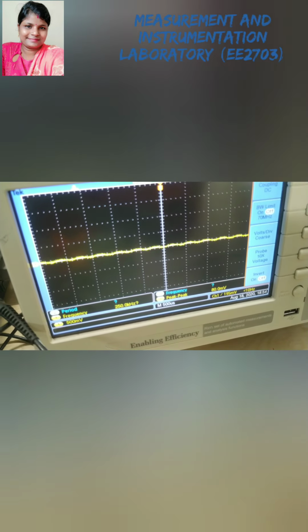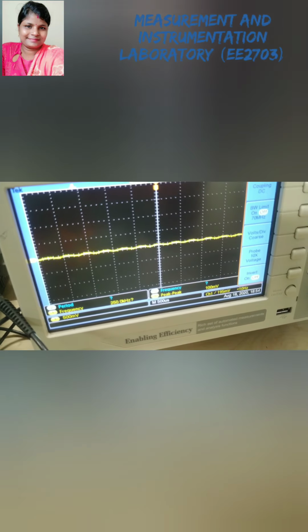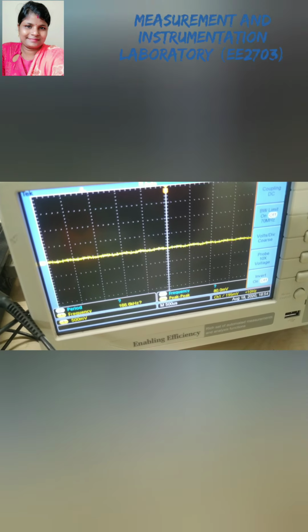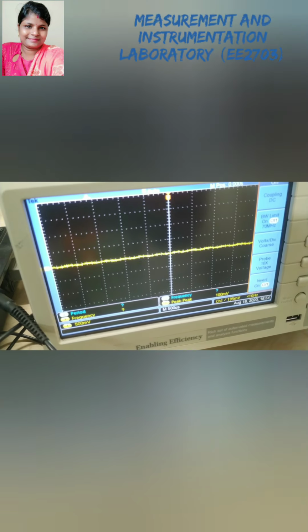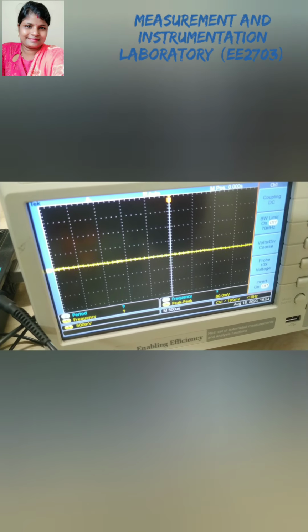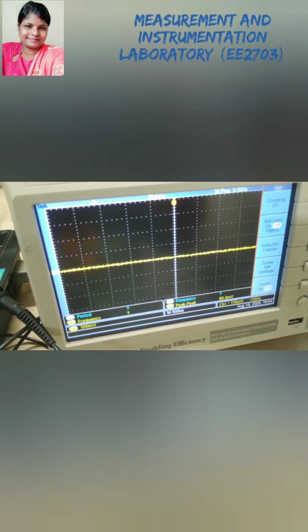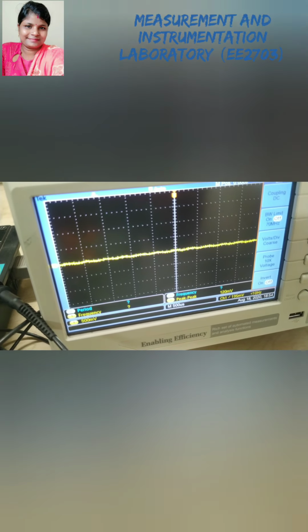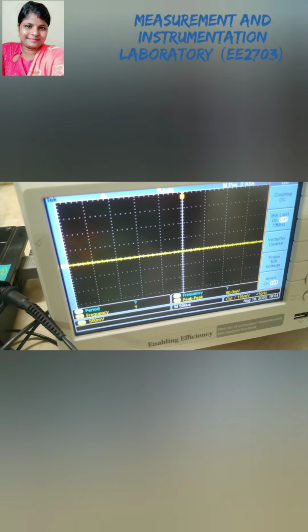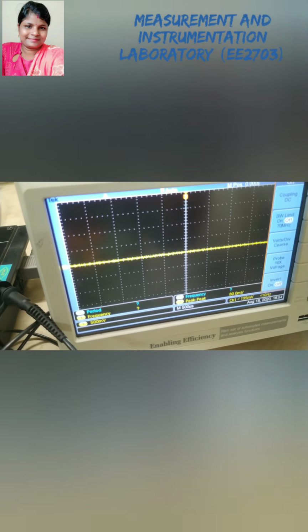So here 80. So increase, now 80 is minimum.